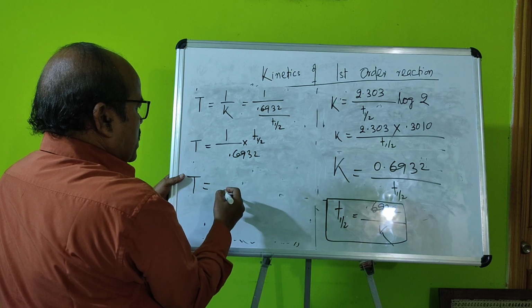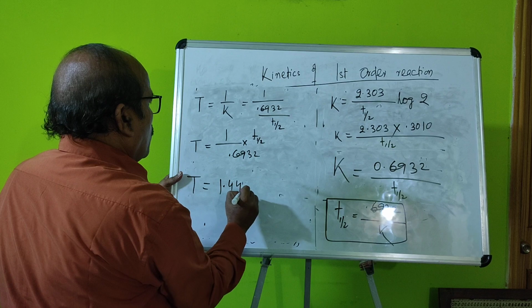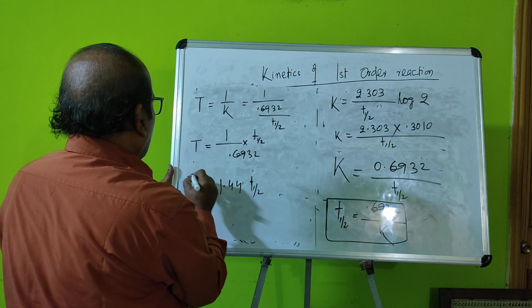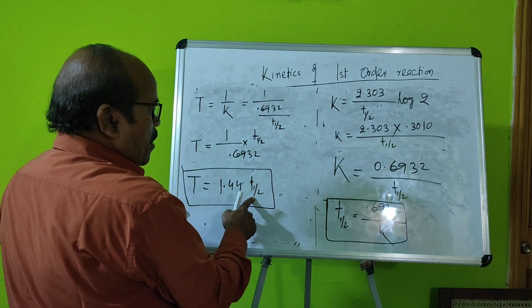Dividing 1 by 0.6932, it comes to 1.44 into T half. This is the relationship of life period with half life period.